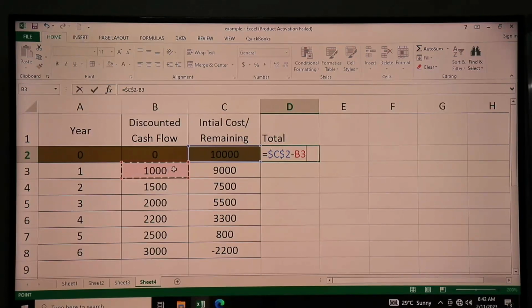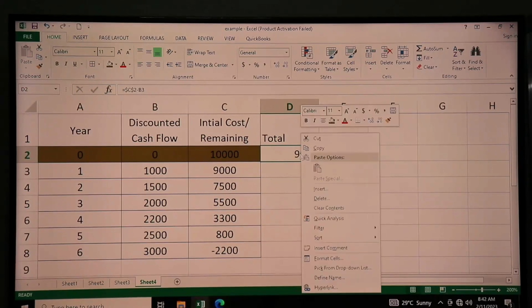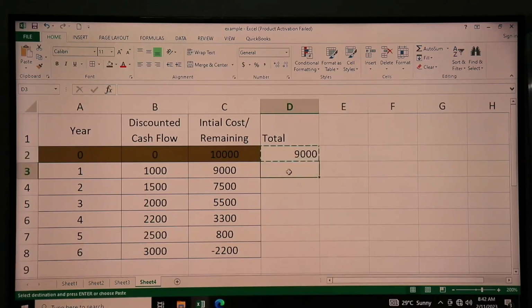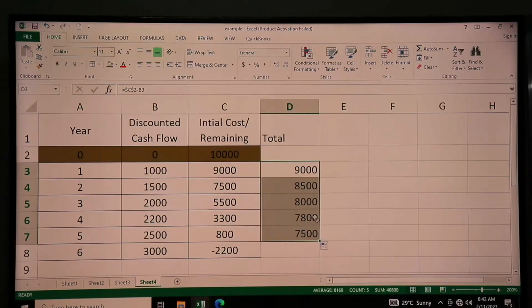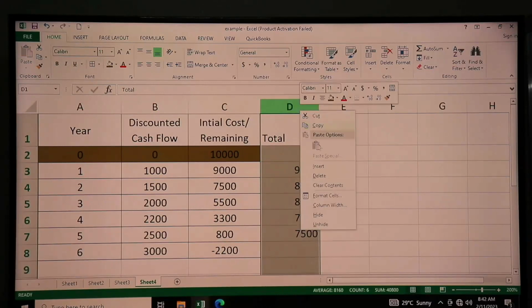That value will keep on changing. And the formula should be here. And it will keep on... something I'm looking for. Okay, just delete that.